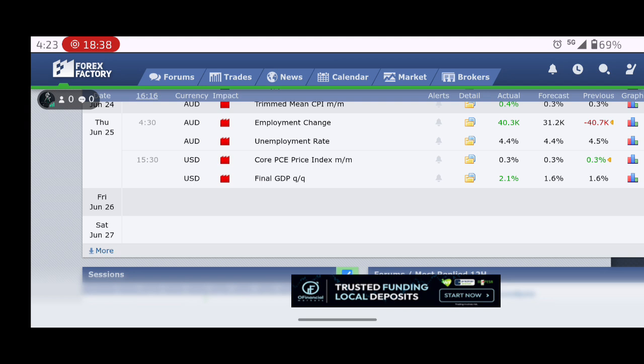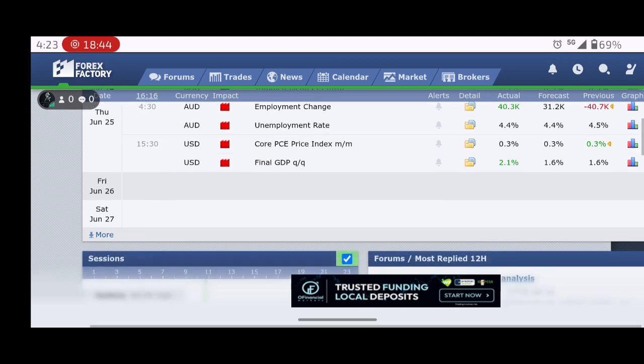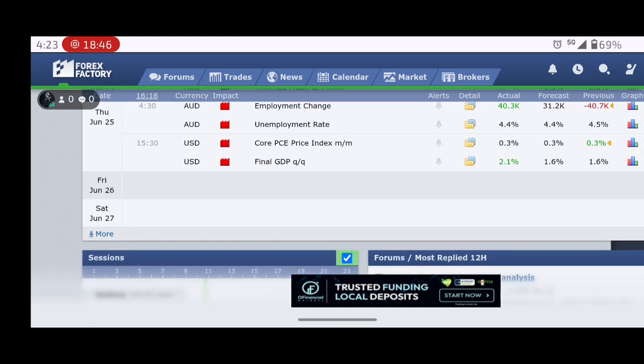Or if it does not even hit your stop loss or your TP, get out of the market. And that's the first rule. The second one, make sure you check on the non-commercial traders. And lastly, check on Forex Factory and check what the news is saying to be more precise.